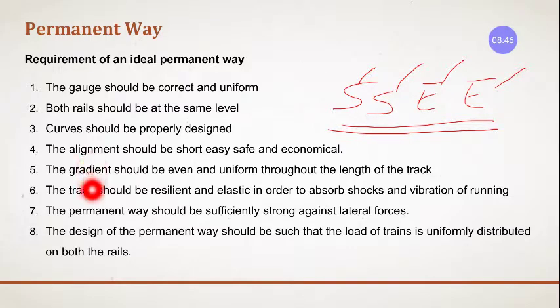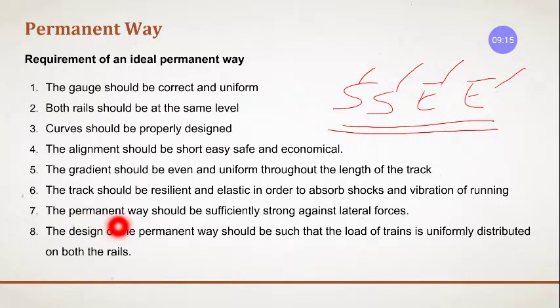The gradient should be even and uniform throughout the length of the track, right? The track should be resilient and elastic in order to absorb the shocks and vibrations of running. Means when the train runs over these tracks, the track should be able to absorb those loads and the vibrations that are produced during the movement, so that it should be able to withstand, right?